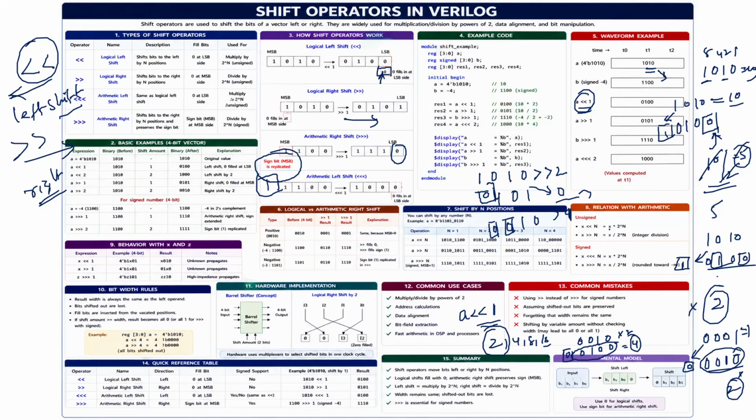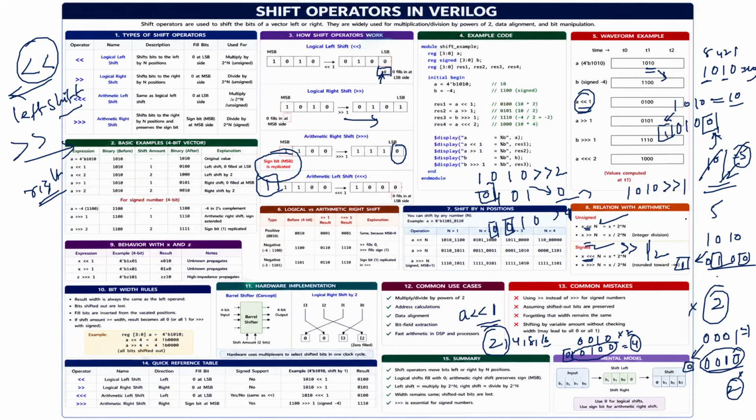Okay, and then those are unsigned values, and some signed values are also there. That means arithmetic values we are doing. This is the logical and this is the arithmetic value. Whatever the integer, if you do one right shift operation, it is divisible by 2. Suppose you are considering 1010 and doing right shift by 1.